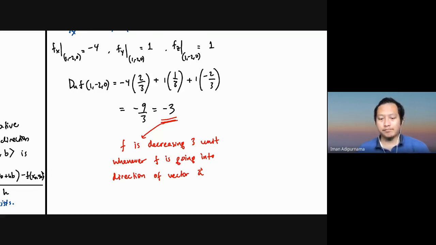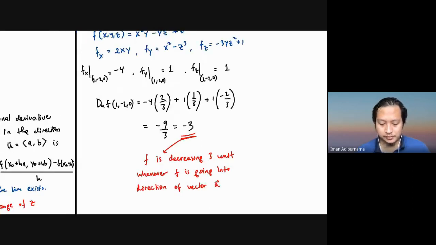Any questions first? The directional derivative is similar to the partial derivative, but the difference is you need to multiply with the factors. You need to take the components of the vector and make them into partial derivative equations.